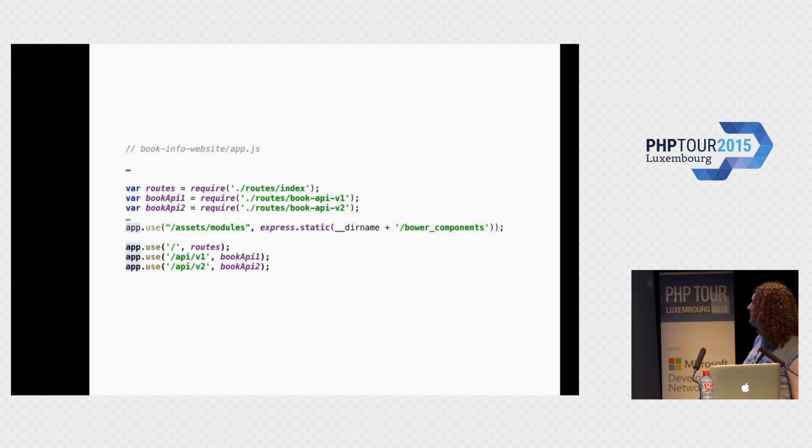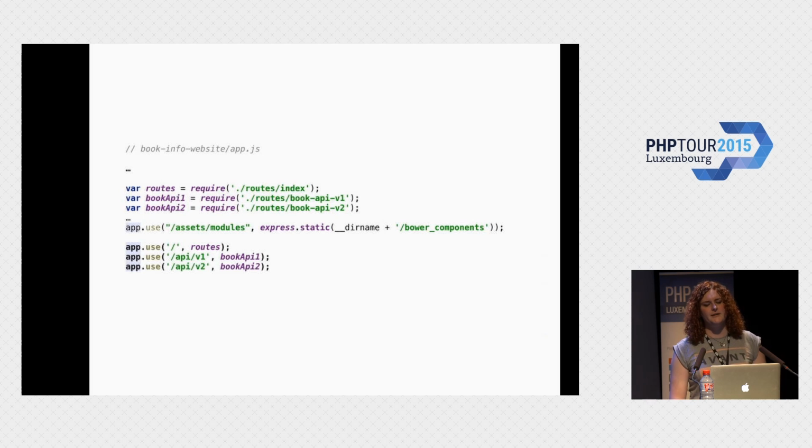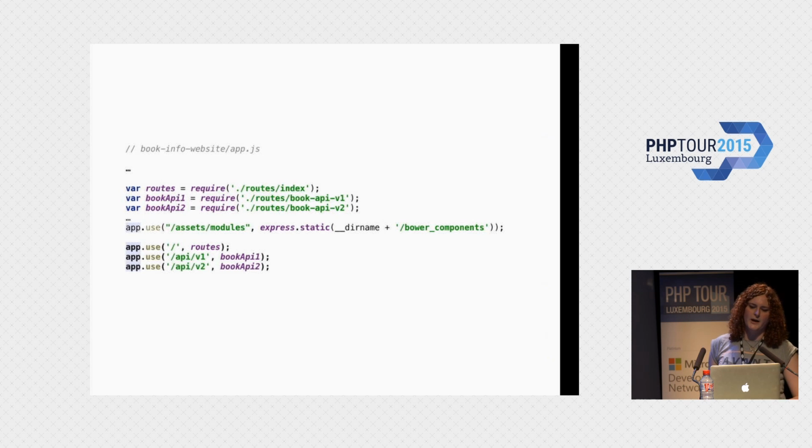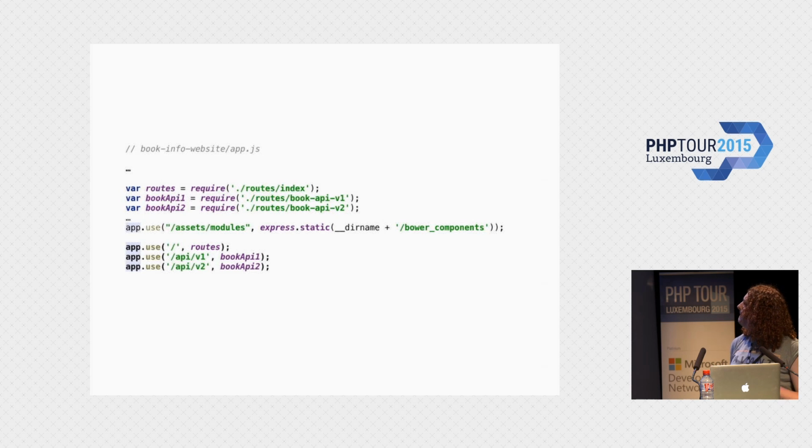So we have some routes, and we're including an index route, and that is the bare minimum bits of JavaScript that are going to be loaded to the page. It's what the AngularJS app starts from. We have the book API, which is some routes which is version 1, which doesn't combine any of the data from the results API.